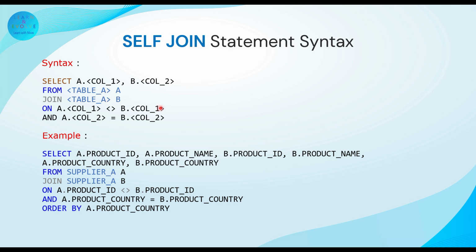But the main thing is you need to provide a table alias. If the table alias is not provided, it will cause confusion and SQL will throw an error. In some cases it may not throw an error, but the condition may not be correct. So you will not be able to exactly cover it if you don't give an alias. So it is better to give an alias and then write the condition.